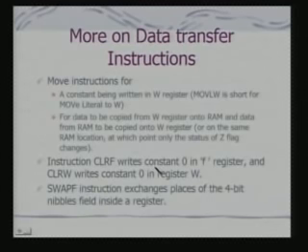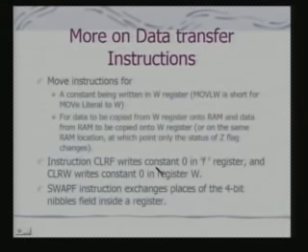Now, if we can summarize what we have seen in particular for byte oriented data transfer operations, we have provision for writing onto the W register through immediate mode, that is the literals can be copied to the W register.